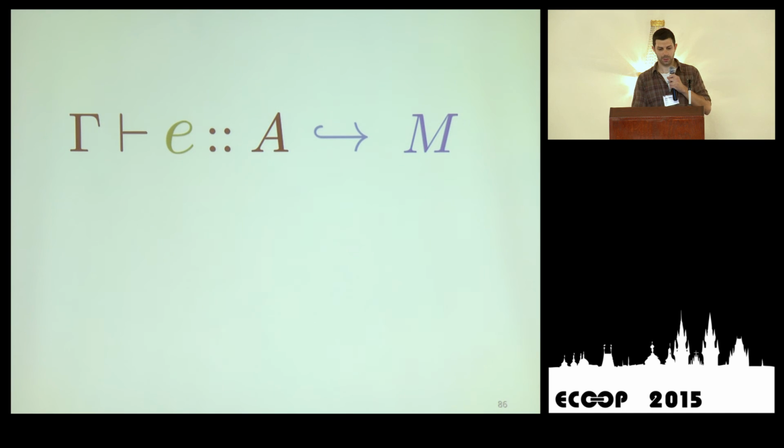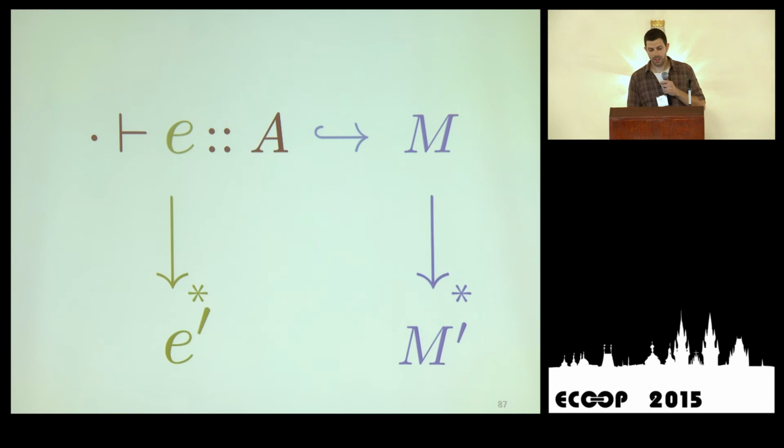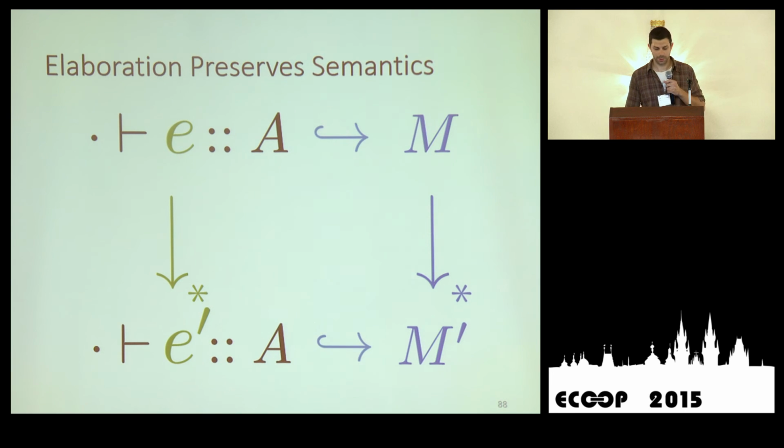Let's take a look at one of the results that we have established, which is that if we type expression E with a type A and elaborate it to an expression M, then after some number of steps on each side of the elaboration, we will also be able to get some relation between the expression E prime and M prime.